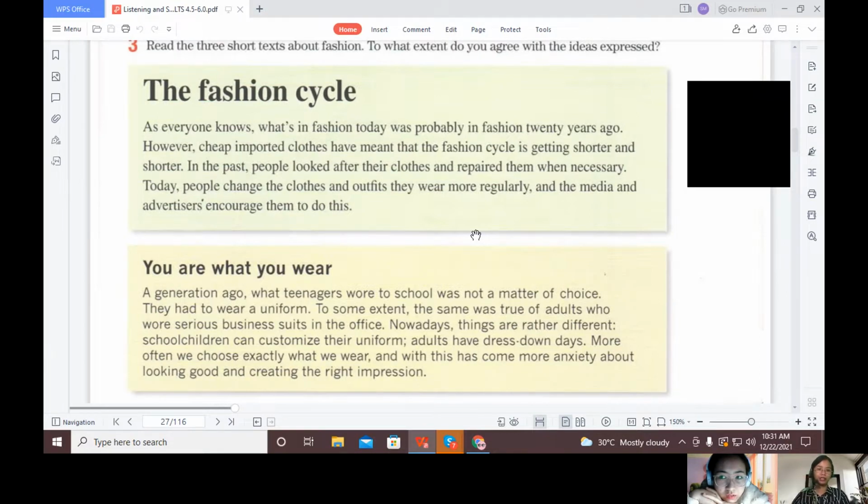What can you say about repairing clothes in the past? I think that in the past people wore the clothes many times, so they could be torn.